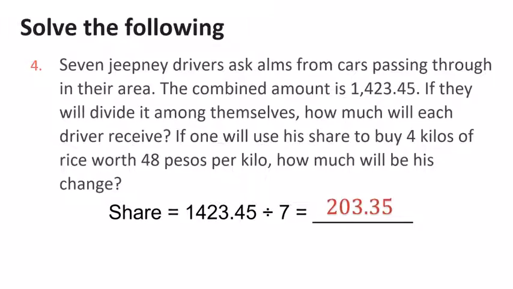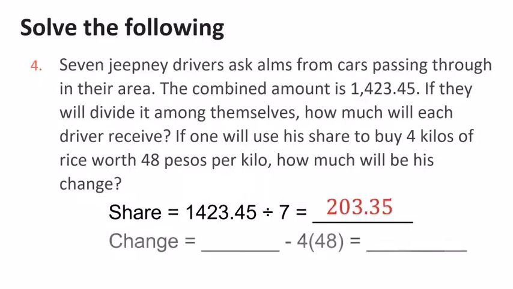Now, if one of the drivers will use his share to buy 4 kilos of rice worth 48 pesos per kilo, the change of his share is: the driver has 203.35 pesos, removing 4 kilos of 48 pesos rice, the change will be 11 pesos and 35 cents.